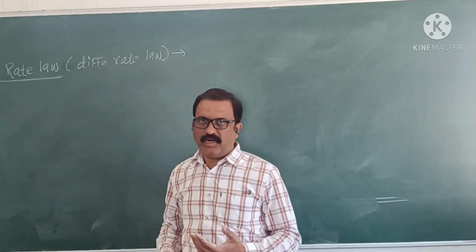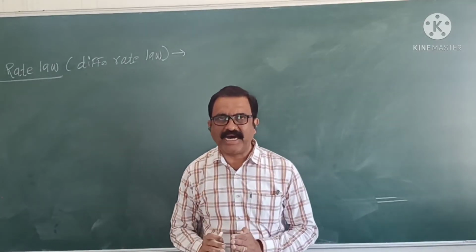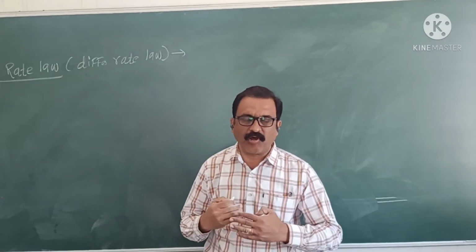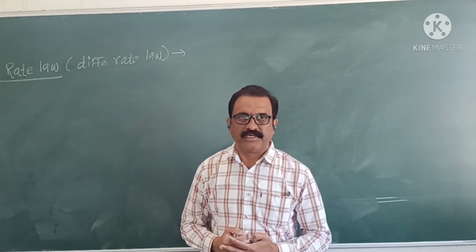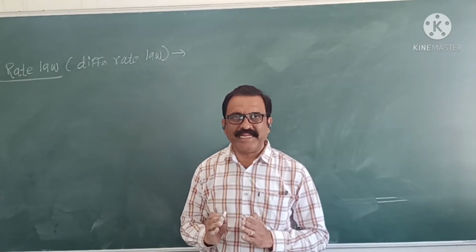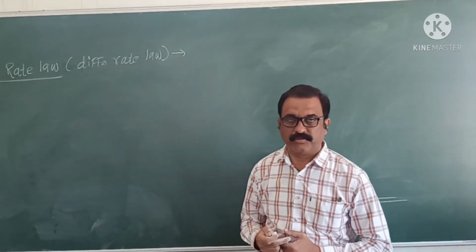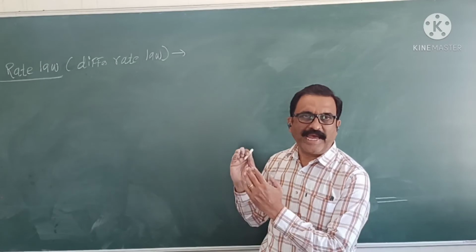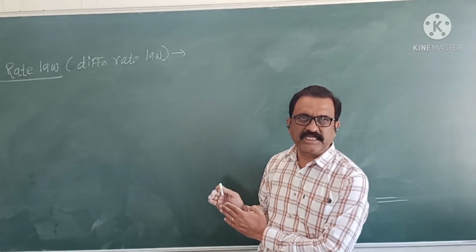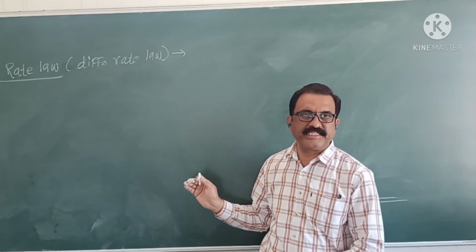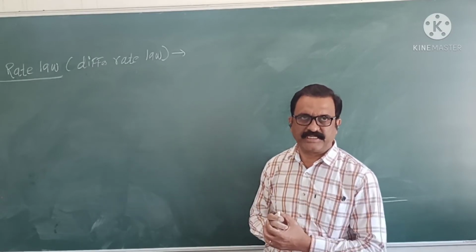We know about the law of mass action or law of active mass. What is the law of mass action? The rate of any chemical reaction is always proportional to the active masses, that is, the concentration of the reacting species present in a given chemical reaction.